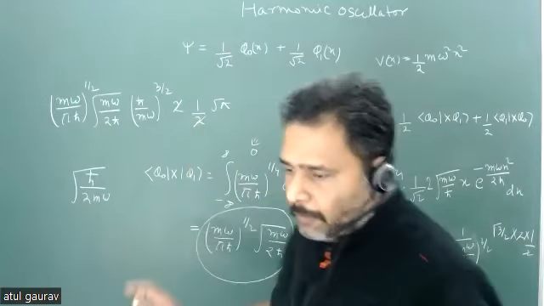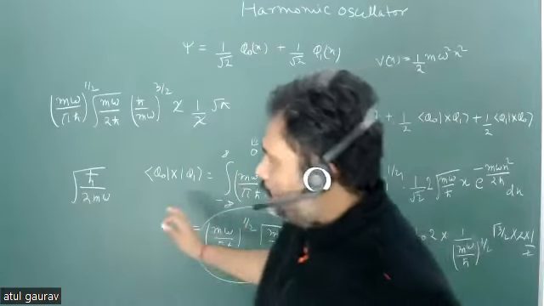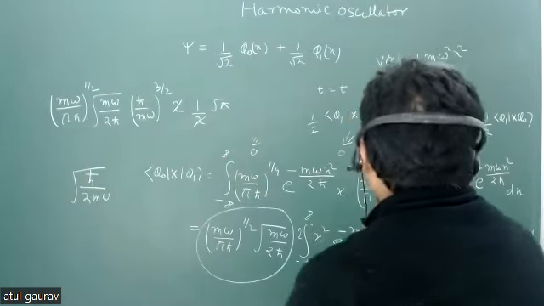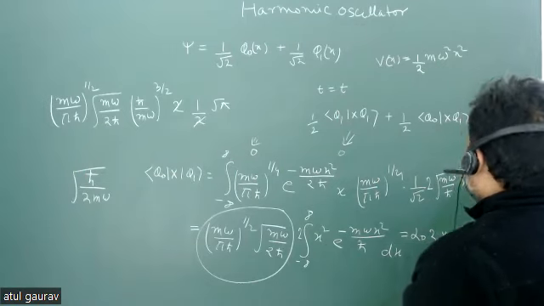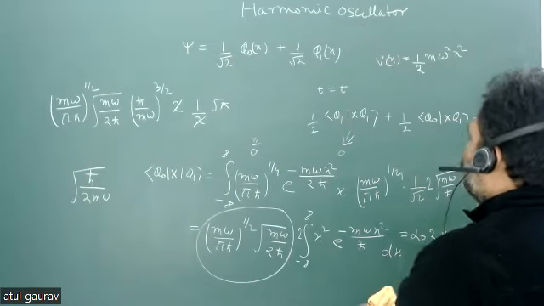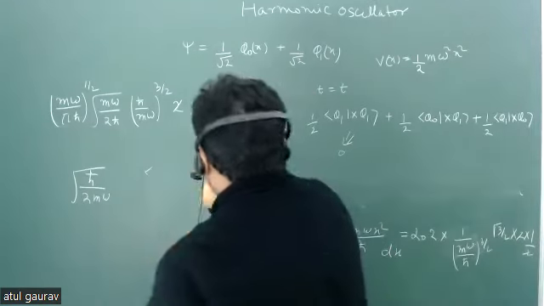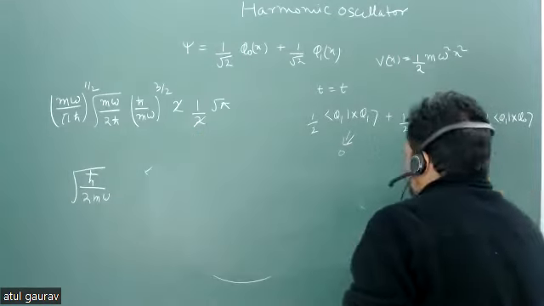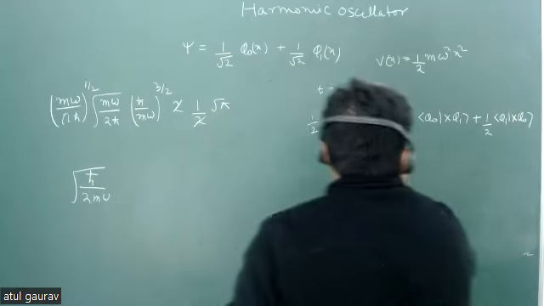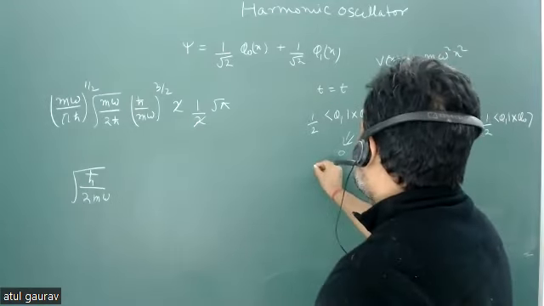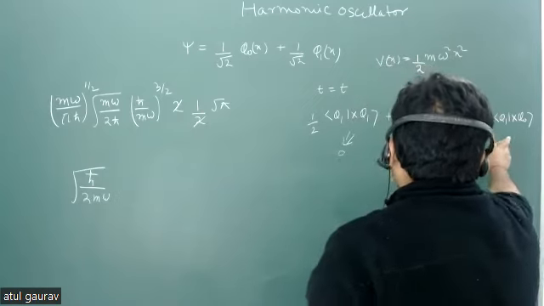ठीक है ना? So you have to keep patience when you are solving this integral. Now this value will remain the same. You can check it. So what will be the expectation value of x? बताइए. Your expectation value of x will be this number and this number.